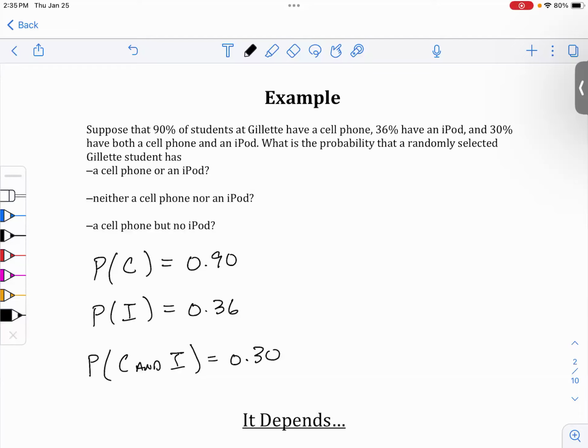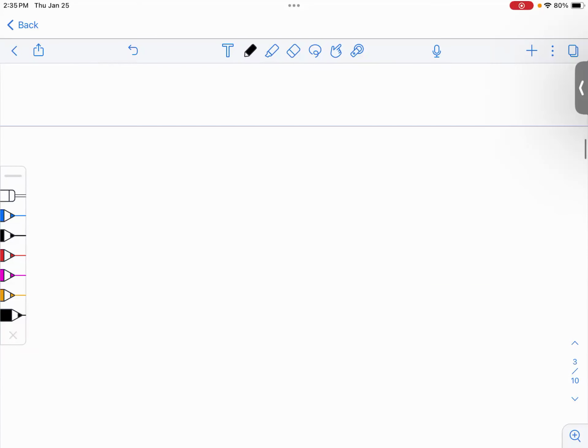All right, so I have cell phone, iPod, and cell phone and iPod. So just by the information presented, I know I'm going to create a picture that is the overlapping case.